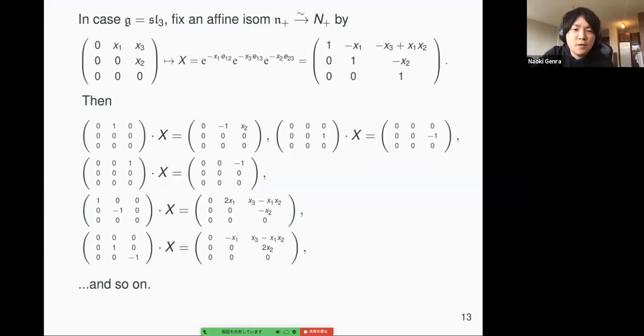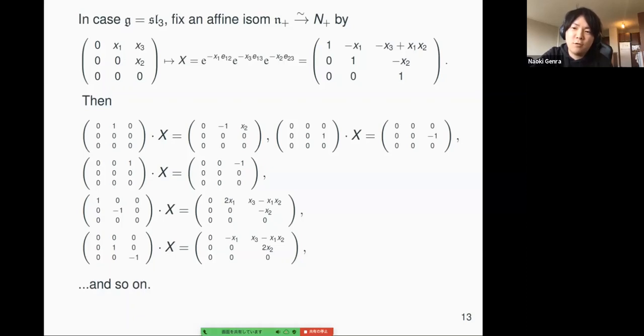E1 is just E12. E12 acts on x, it becomes just this one. You see, if you consider derivation x1 acting on large X, the diagonal part should be 0 because that's a scalar, so it should be 0. And the 1,2 component, now large X is minus x1, so if it acts by derivation x1, it becomes minus 1.